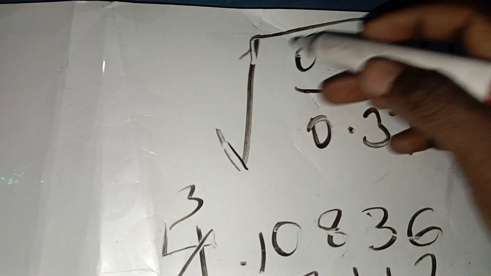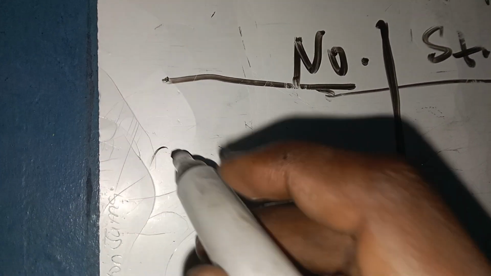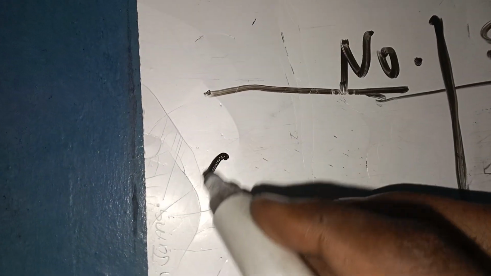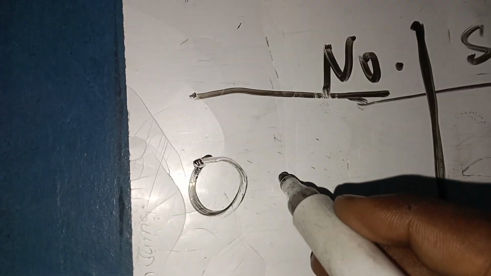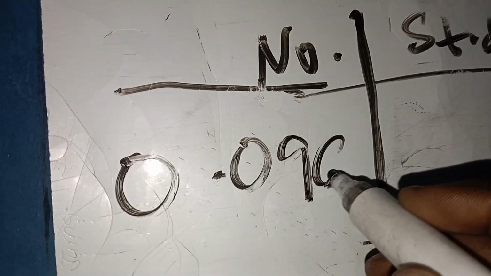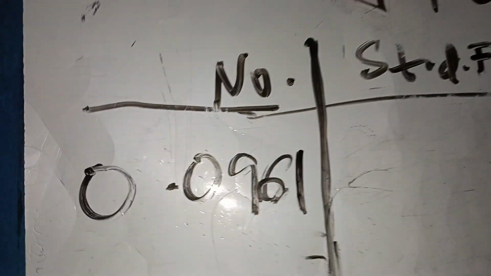Remember, it also has a sign here, which means square. So the first number whereby we have seen it is 0. Sorry for that. Six, 1.